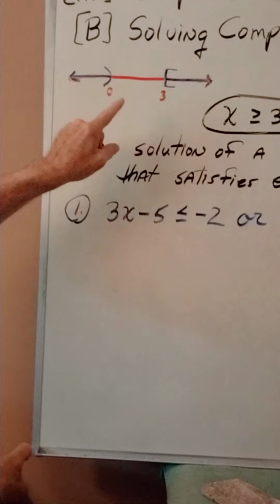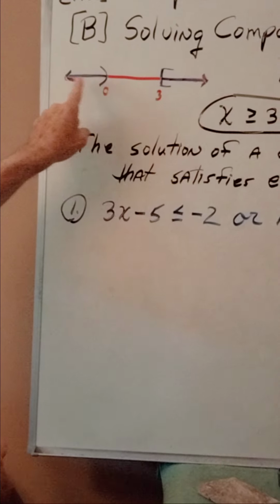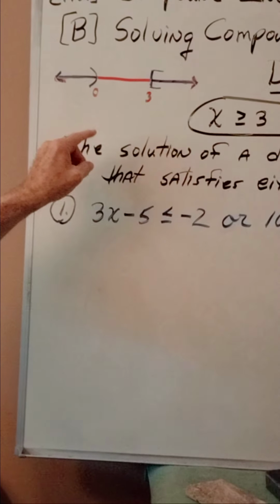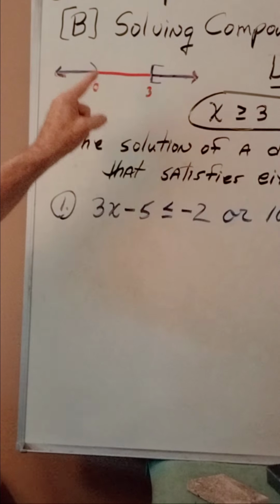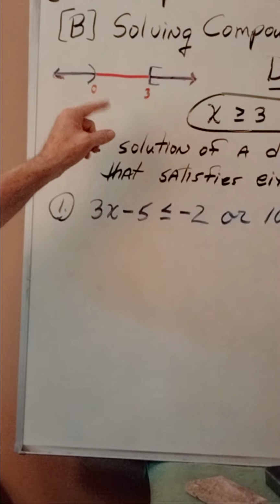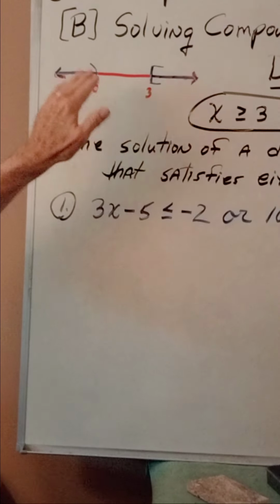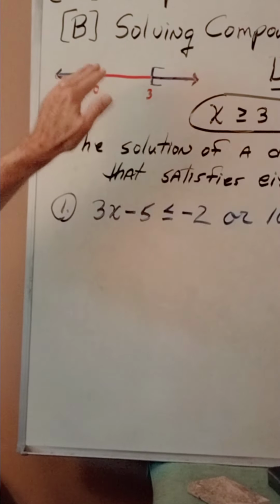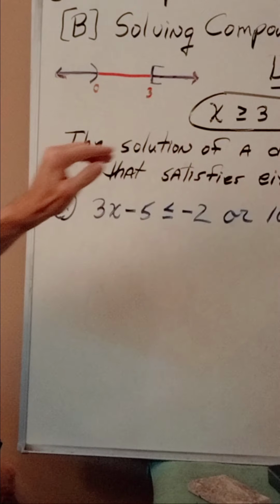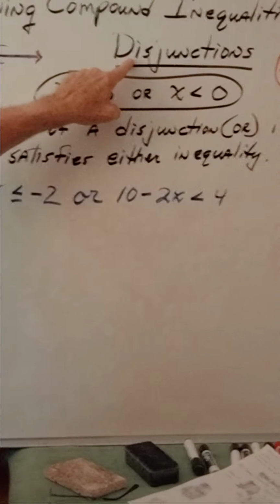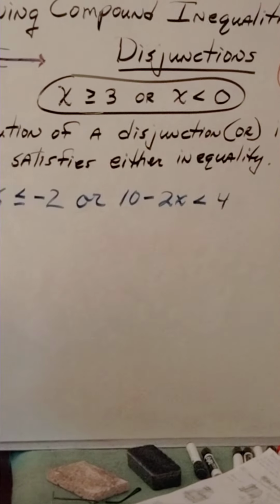And folks, while Kristen is maybe holding that camera right on this graph, what you're looking at right here is the common looking graph of a disjunction. You see the prefix "dis," D-I-S.